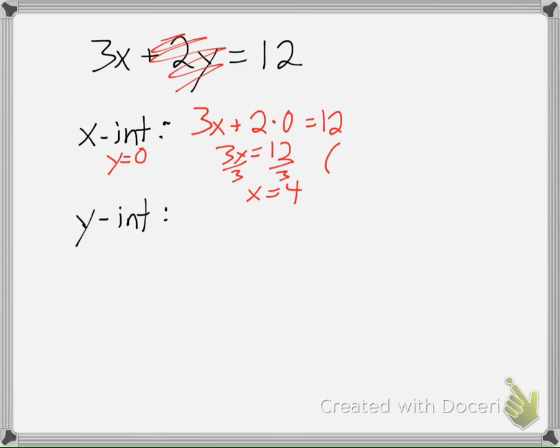Specifically, though, remember a point is an ordered pair, so my ordered pair would be what? X is 4, y is 0: (4, 0), right? So this would be our x-intercept for this line. Now our y-intercept is where x is 0, right? So it's just the reverse.